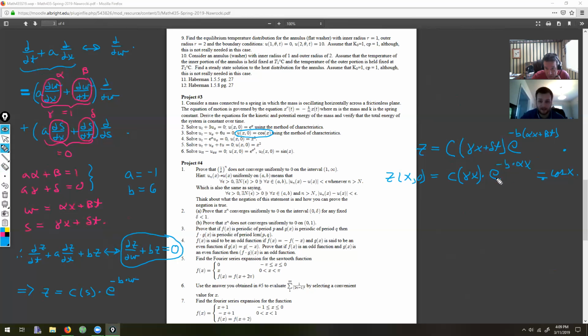So let's let alpha be 0. And gamma equals 1. Then we know what our function C is: C of X is just the cosine of X.